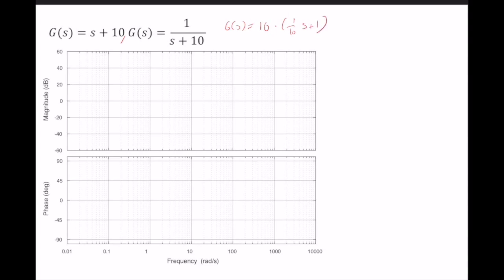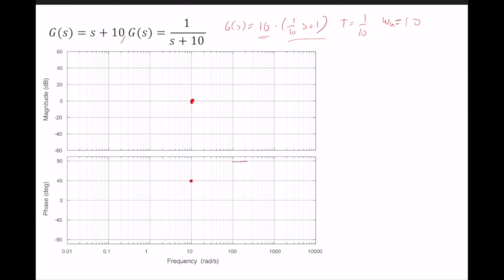Okay, so let's forget the 10 for now and concentrate on 1 over 10 s plus 1. What is the corner frequency? It is 1 over t. So t is equal to 1 over 10, and the corner frequency omega is equal to 10. So everything will change at 10, right? If I look at the details, let's look at the phase.